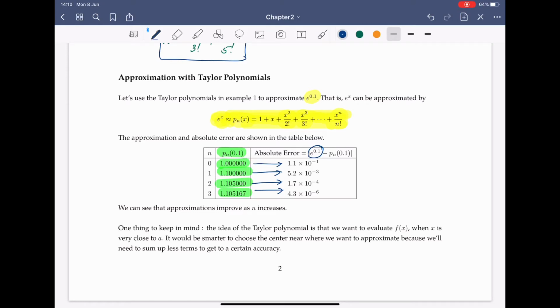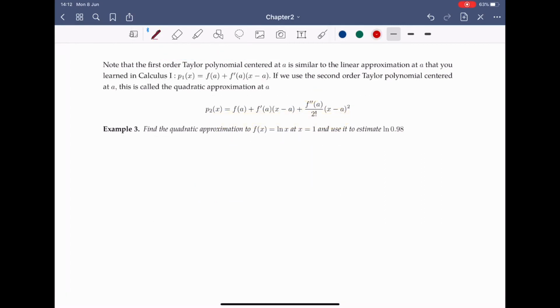As n gets bigger, the absolute error decreases, and this is a good sign because when you expand more terms in the Taylor polynomial, it means you have a better approximation. Alright, so now let's move to the next page.